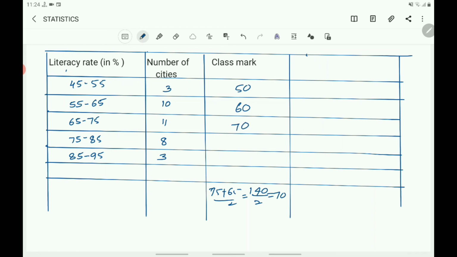Next you will get 80, verify here, that is 85 plus 75 by 2, that is 160 by 2, 80. Next you will get 90, verify here. 95 plus 85 by 2, that is 180 by 2, that is 90.